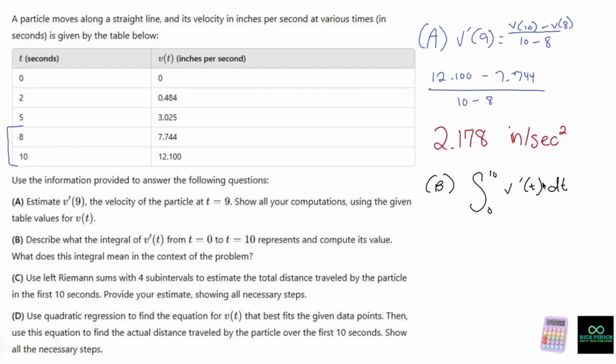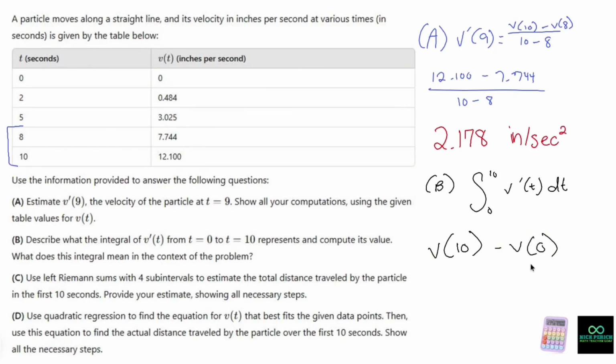Normally we would say that's the capital V of 10 minus the capital V of 0. But if we're taking the integral of the derivative, we go back to square one, which in this case is regular V of t. So this is going to end up being V of 10 minus V of 0.